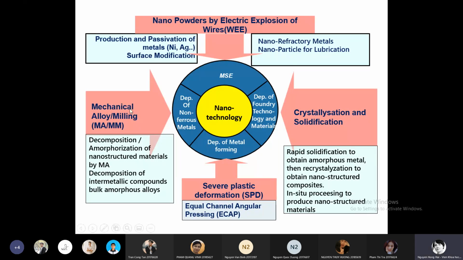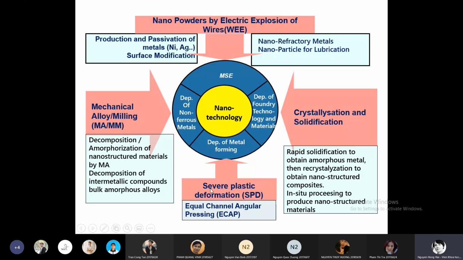For example, mechanical alloying, some research in the department of non-ferrous metals.